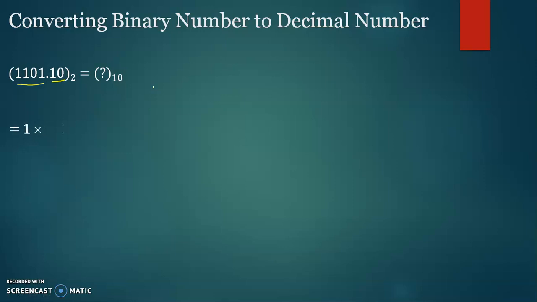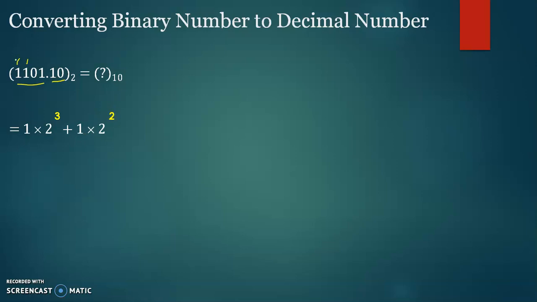So first of all, this first one is multiplied by 2 with a power of 3. Then we will use an addition symbol, and then the next one will be multiplied by 2 which has a power of 2.